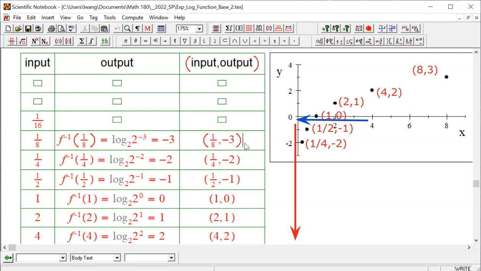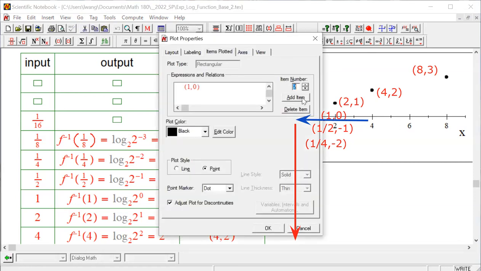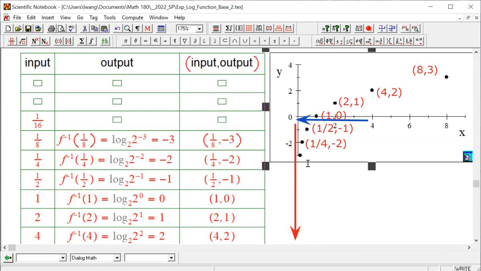If we plot this point, guess where it's going to be? It's going to be lower, right? It's going to be closer to the y-axis, but lower. There, but never touched it. Remember, if it touches, that means X is 0. X can never be 0. So if we connect all of these dots, right?